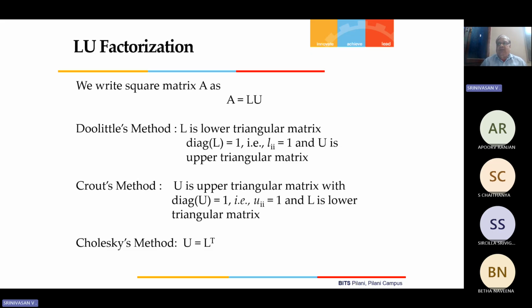Upper triangular matrix means you have 0 beneath the principal diagonal elements. So you have U11, U12, U13. Then you have 0, U22, U23, 0, 0, U33. Anyway, you don't need to contemplate everything in the abstract, you are going to see it now for yourself. Crout's method: in what way is it different?